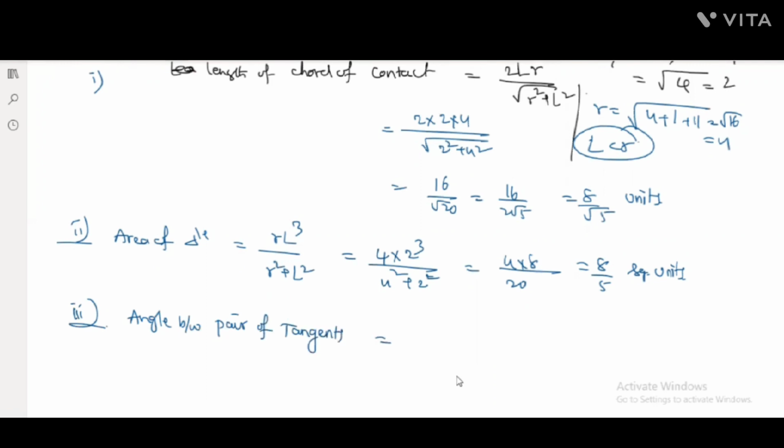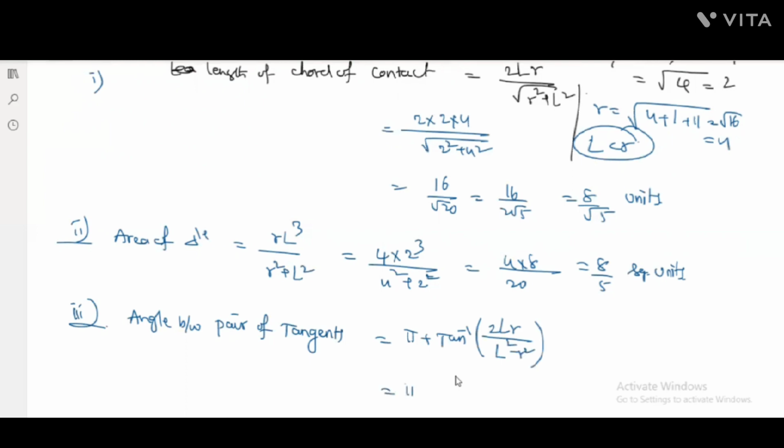So since L is less than R, we have pi plus tan inverse of 2LR by (L square minus R square).